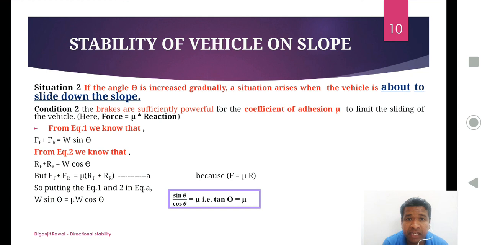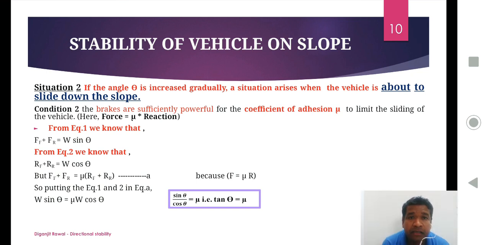But Ff plus Fr is equal to mu into Rf plus Rr. That equation becomes A. We know that F is equal to mu into R. So putting equation 1 and equation 2 in equation A, W sine theta is equal to mu into W cos theta.